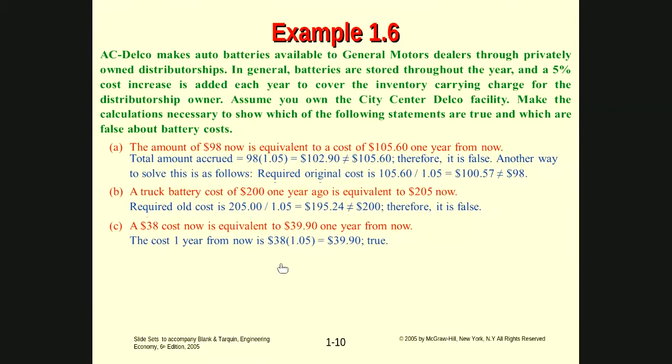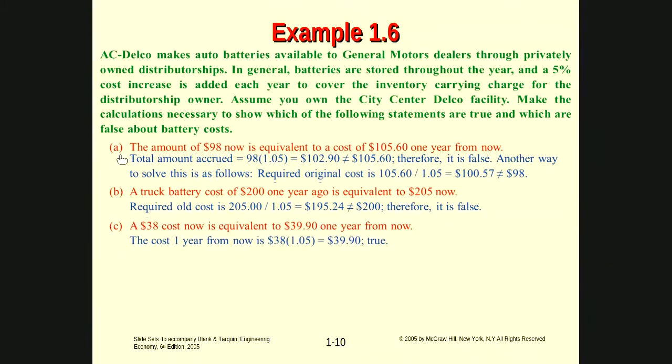Assume you own the city center. Make the calculation necessary to show which of the following statements are true and which are false. So he is giving you an example about a batteries company, AC Delco. Maybe it's well-known, everyone knows it, and they have a 5% interest accrue every year for the cost.